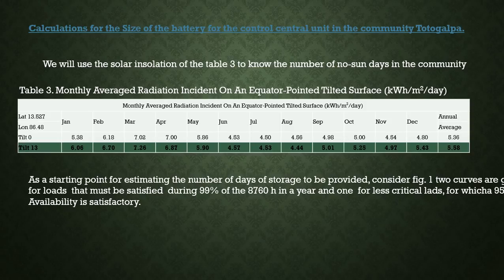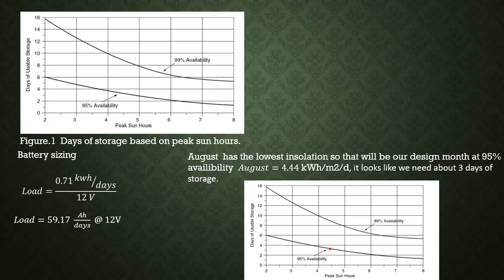Two curves are considered: one for loads that must be satisfied during 95% of the 8,760 hours in a year, and one for less critical loads, for which 95% availability is satisfactory. Here we have figure 1, the days of storage based on peak sun hours.